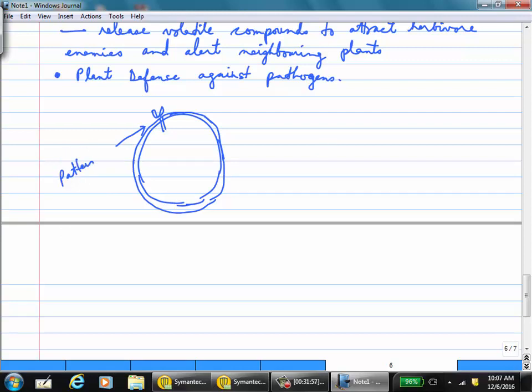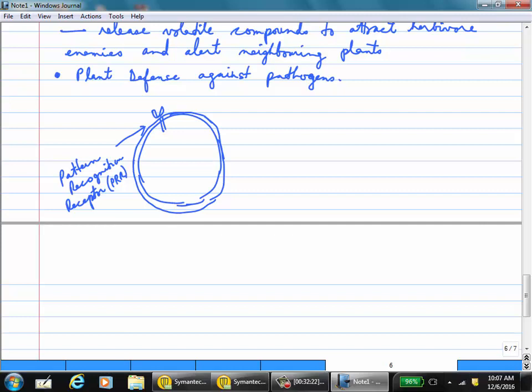Pattern recognition receptor or PRR, right? And this pattern recognition receptor is going to recognize what is called a microbe associated molecular pattern. That means something that is left over from, let's say, dead pathogens, right?